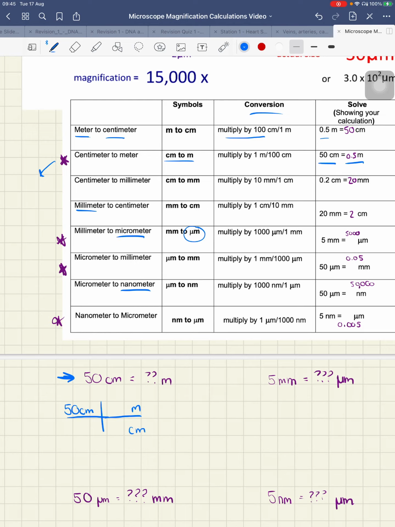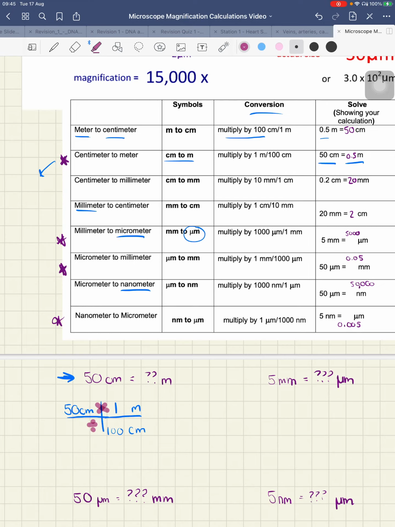Now here is where you put the conversion factor. I know that 100 centimeters equals 1 meter. Whenever I'm going across the top, I multiply, and then I divide by whatever's on the bottom.